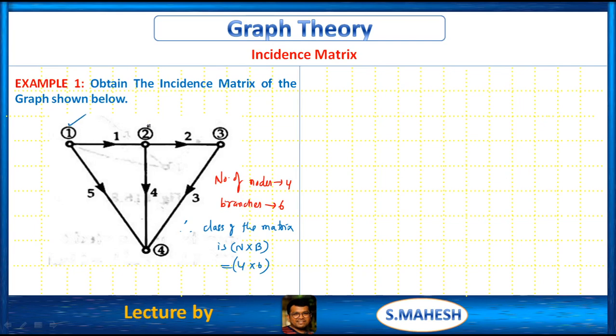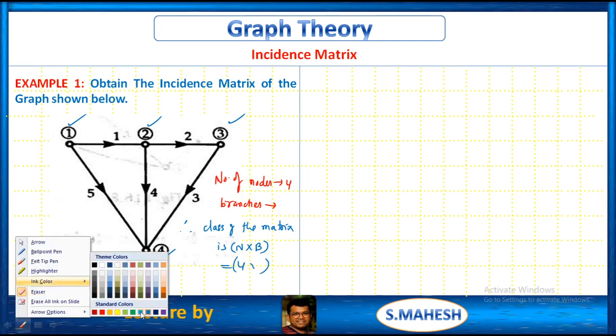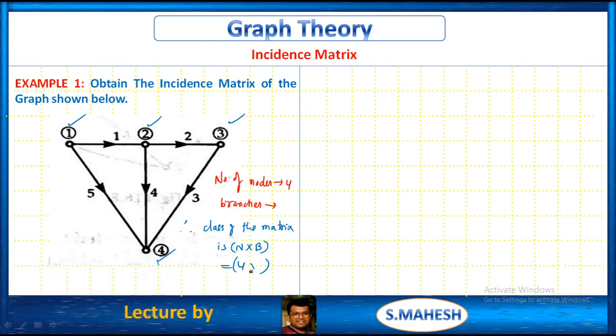This is node 1, node 2, node 3, node 4. How many branches? 1, 2, 3, 4, 5. Sorry, branches 5, right? Only 5 branches. So 4 by 5, as branches are 5. That's it. Now, how can we get this?